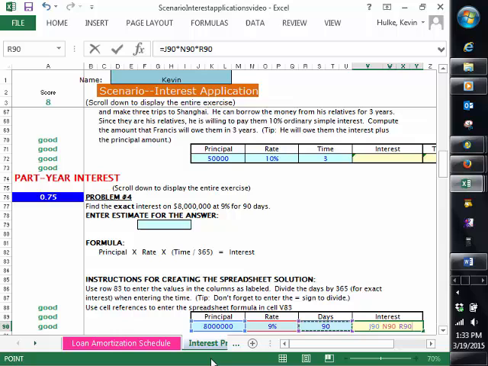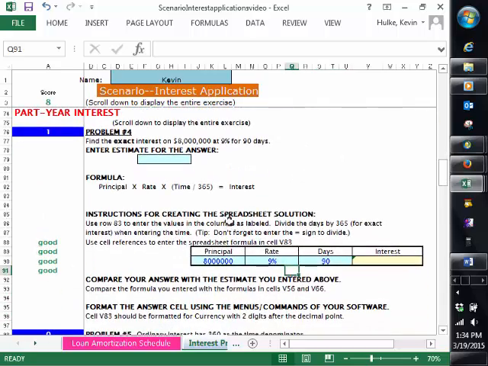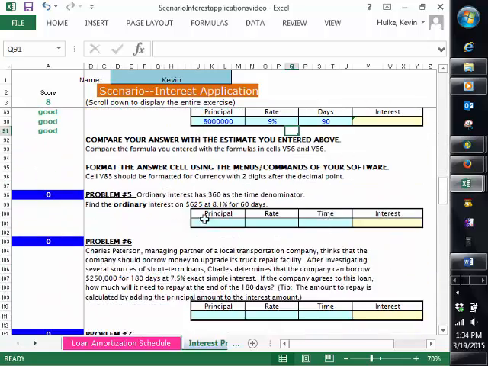But in this case, since exact interest means that it's a 365-day year, we have to divide that number of days by 365 to get what part of a year it is. And so that means that our time is days divided by 365. Make sure you notice that the time is in days. Let's look at the next one.